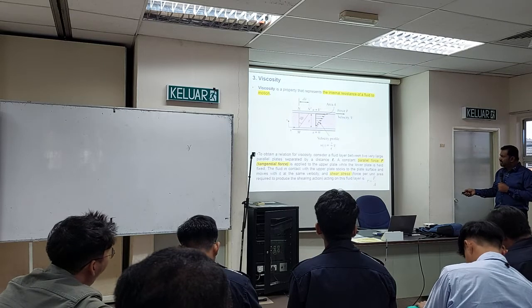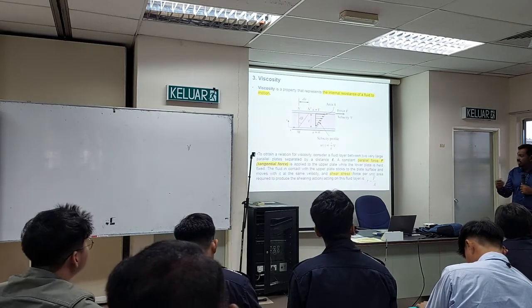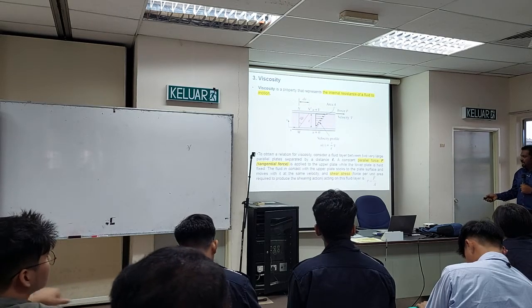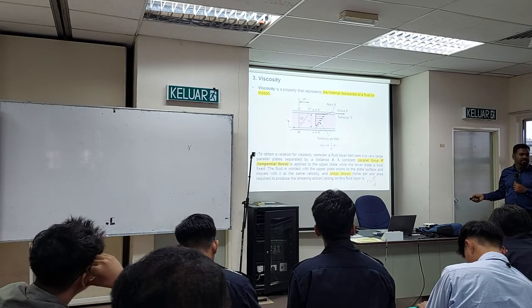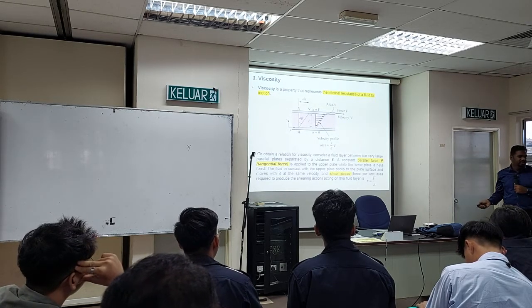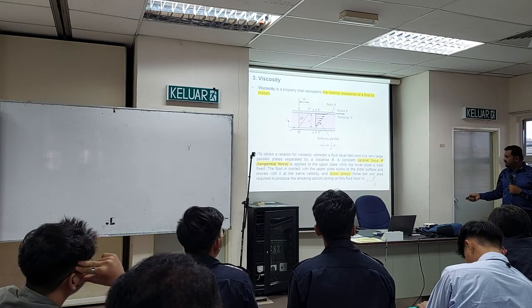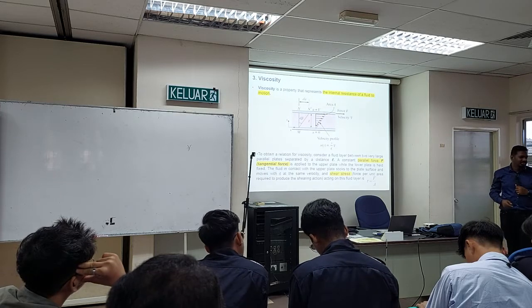So I will try to explain. I just don't want to confuse you too much. I try to give you some info only lah. Tapi shear stress can be calculated using this formula. Tau equals to force over area. Tau is actually shear stress or the tangential force.